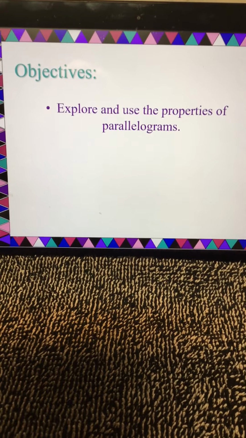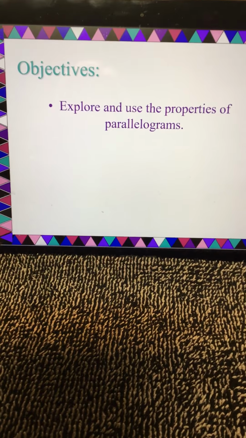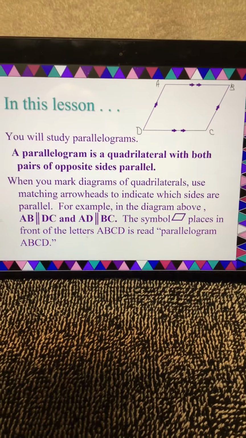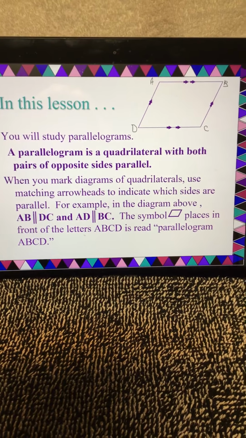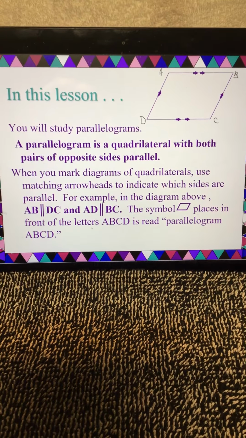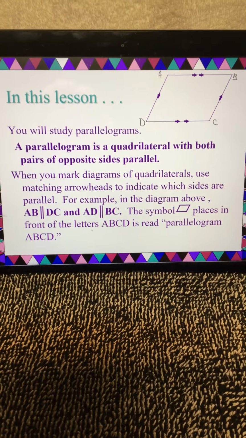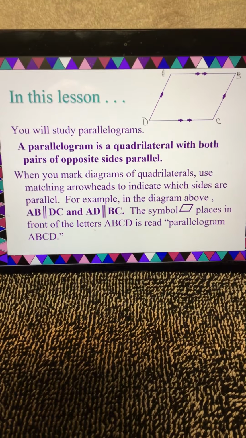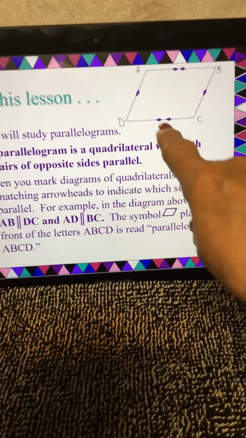Today we're going to try to explore and use the properties of parallelograms. You know what a parallelogram is because we talked about that last week when we were working with area. A parallelogram is a quadrilateral and it has both pairs of opposite sides being parallel.